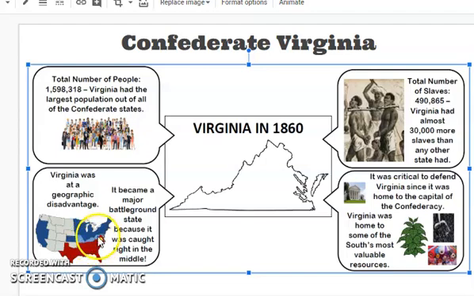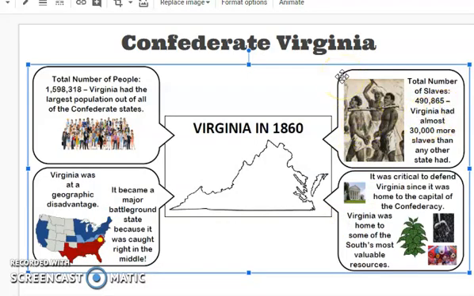These blue ones were free states. They were kind of on the fence, right? But these dark blue are definite Union states. And these light blue were the ones who weren't quite sure what to do, but they were for the most part free. But because of being right in the middle, caught in the middle between the Union and the Confederacy, this made it a place where a lot of the major battles took place.